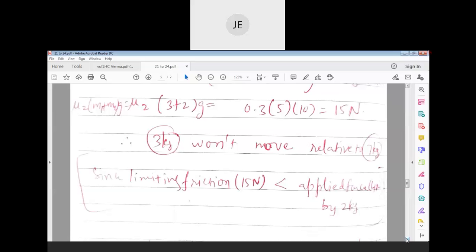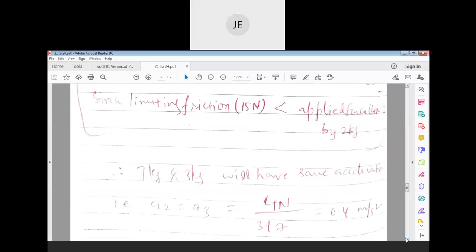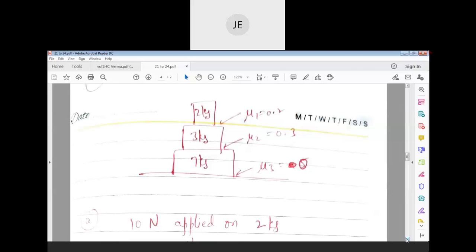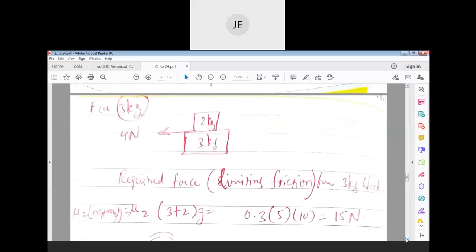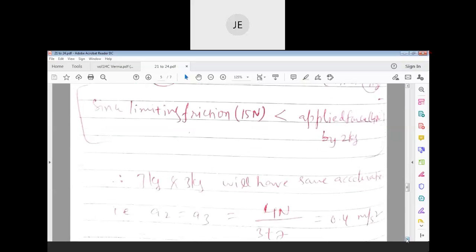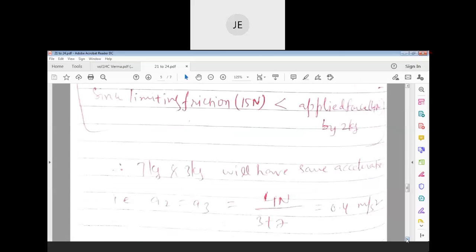Since between 7 kg and the surface they are smooth, 7 kg and 3 kg will move with the same acceleration, together, because of that 4 Newton.